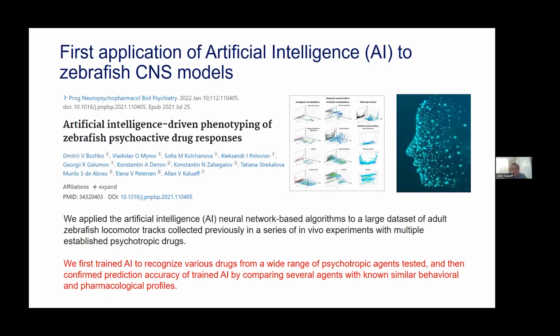We created for the first time the artificial intelligence-based platform to use the library of three-dimensional phenotypes that we have accumulated to train the neural network to recognize the patterns based on the known pharmacology of those drugs.